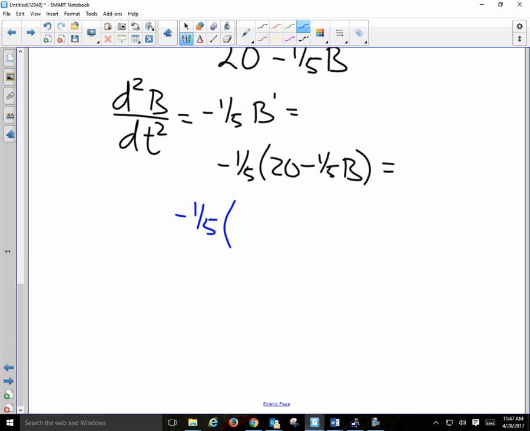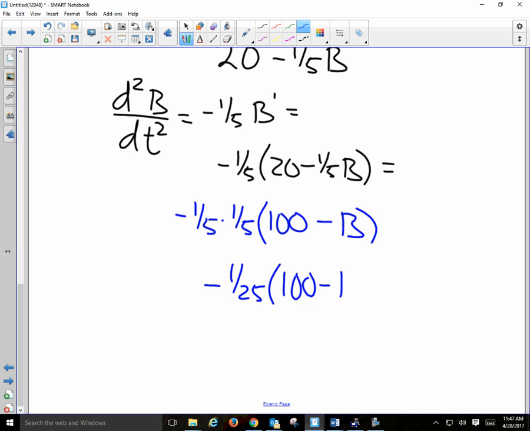If I factor out a 1/5 from 20, what are you left with? You get 100. Right? And here you would have minus b. So we have negative 1 over 25 times 100 minus b.